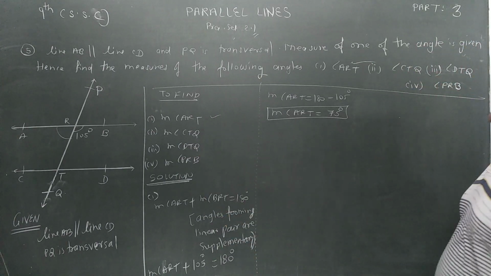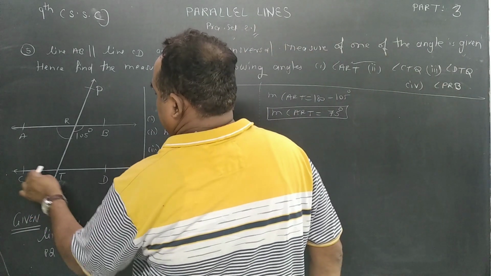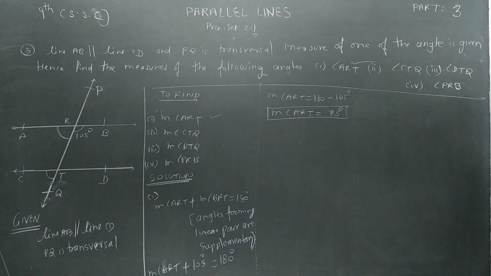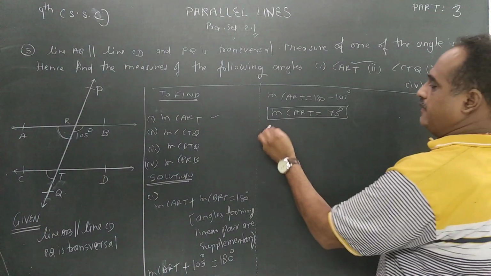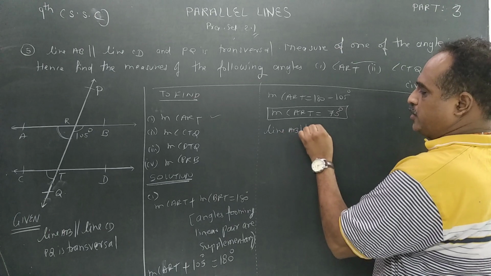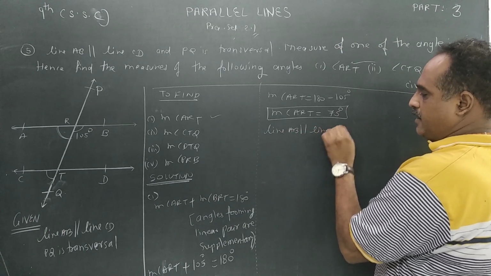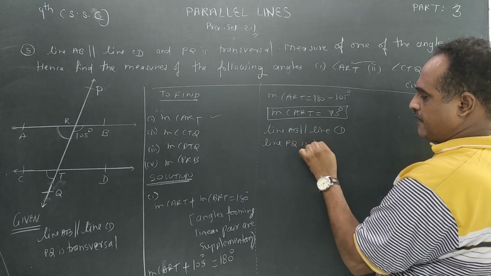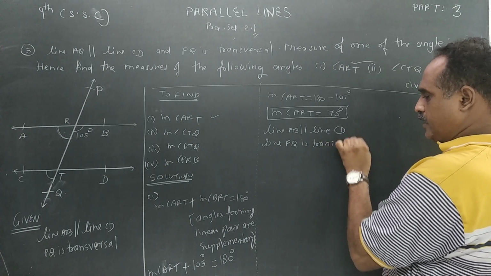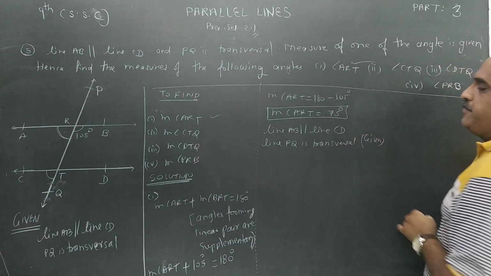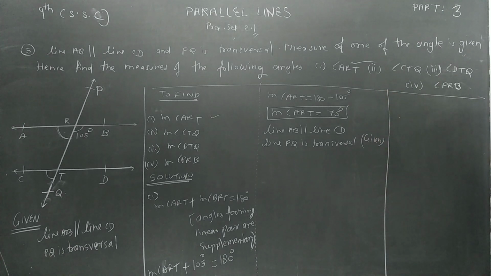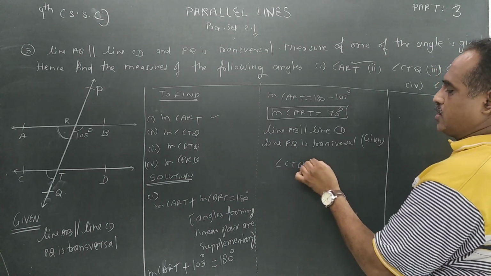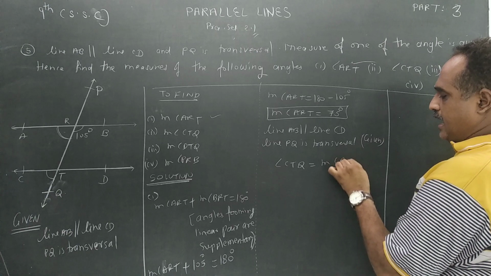Okay. Now CTQ. What is the relation between ART and CTQ? They are corresponding angles, but you have to mention which lines are parallel. So line AB is parallel to line CD and line PQ is transversal. It is given, correct? So when it is given, what can I write? Angle CTQ is equal to measure of angle ART.